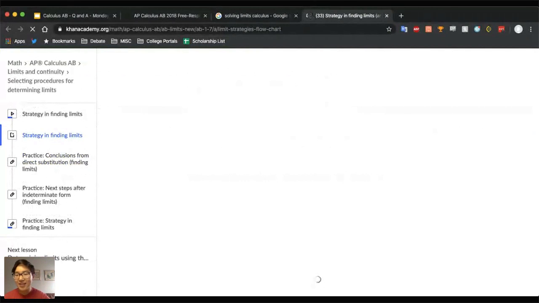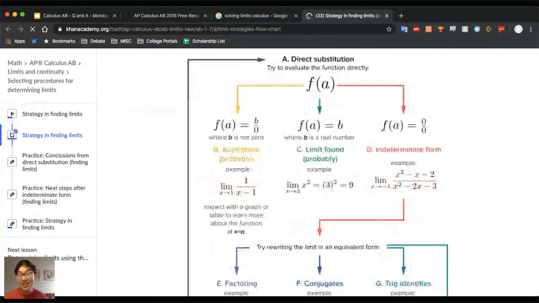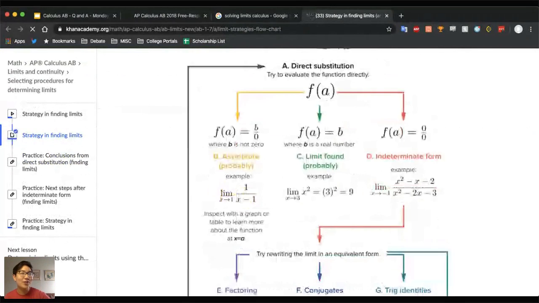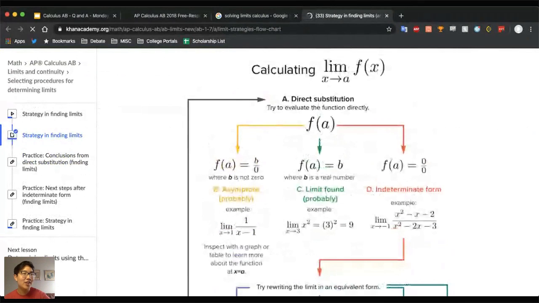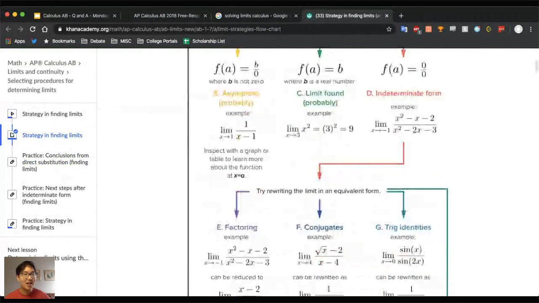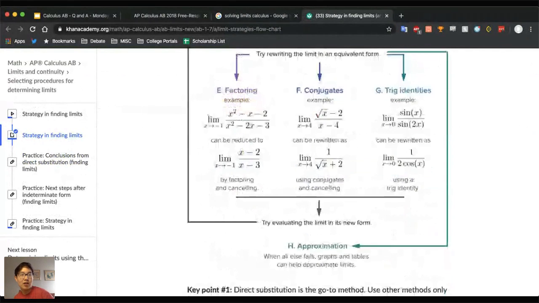And by the way, since the test is open note, you can print this out. So first you want to try direct substitution, right? In the instance that it's something over 0, then you want to check a graph or a table. If it's 0 over 0, then you'd want to try factoring, conjugates, trig identities. Otherwise, you would use L'Hopital's rule, something like that.